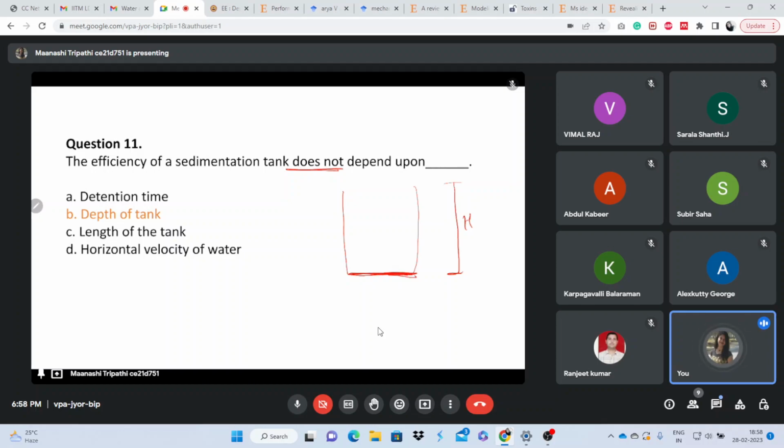How do I increase the surface area without actually increasing the footprint? This will increase the efficiency of the sedimentation tank. What can be the relevant options?